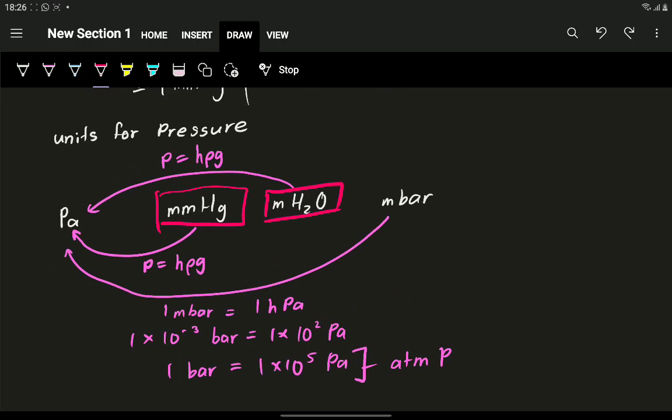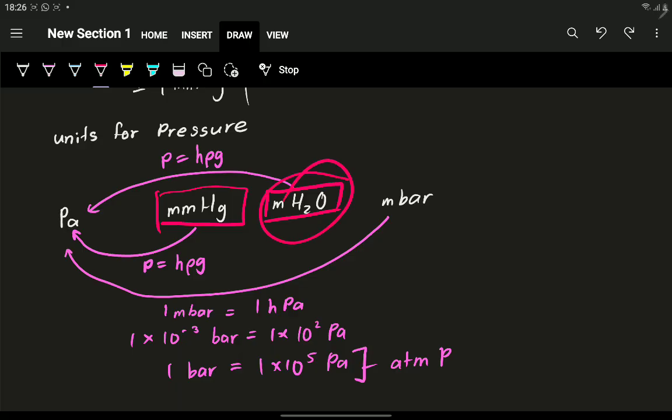Okay. Units for pressure. So the first one here, Pascal. The second one here, millimeter Hg. The third one, meter H2O, and the last one is mbar. The millimeter Hg means that at 1 millimeter inside mercury, the pressure is 1 millimeter Hg.